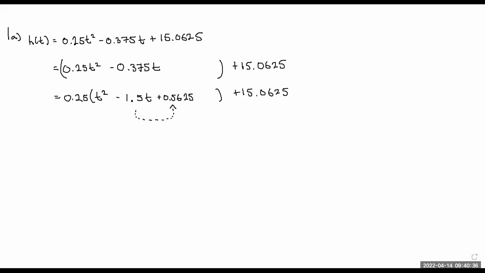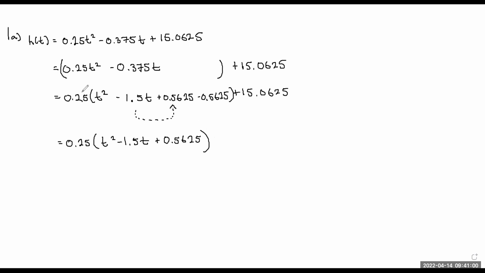We need to justify and make sure the equation still equals the previous line. So I subtract 0.5625. So that's essentially a 0. There, I like the first 3 terms. I don't like my 4th term. So I am going to take that out of the bracket.